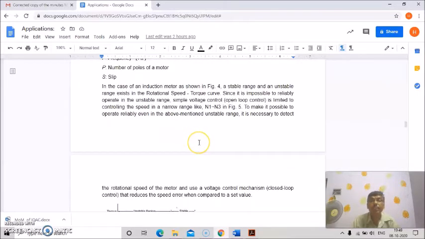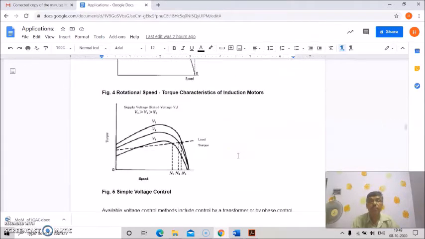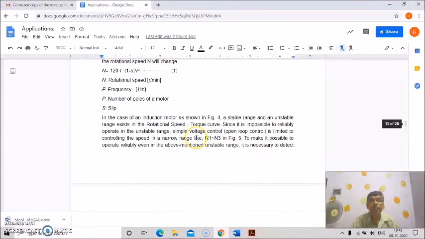So basically, since it is impossible to reliably operate in the unstable range, simple voltage control or open loop control is limited to controlling the speed in a narrow range, say N1 to N3, which is shown in this figure, figure 3.